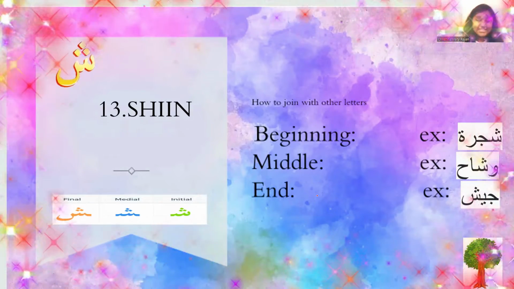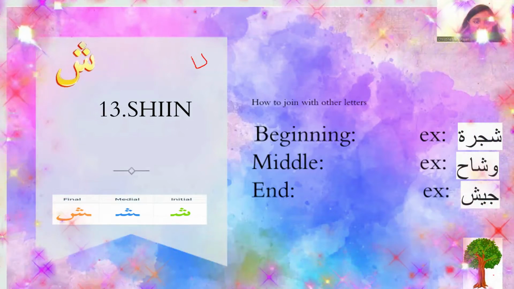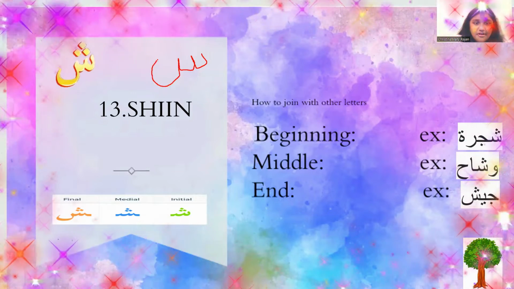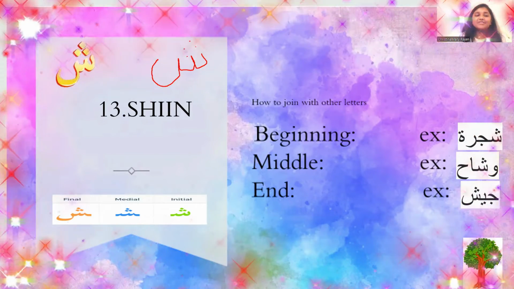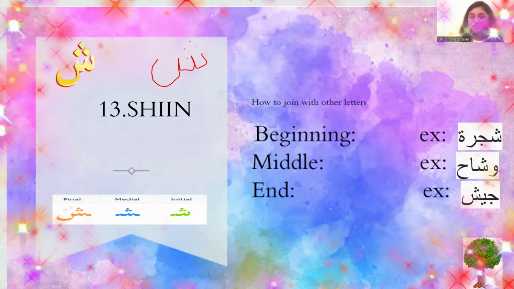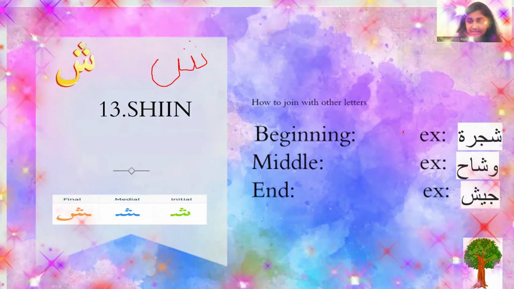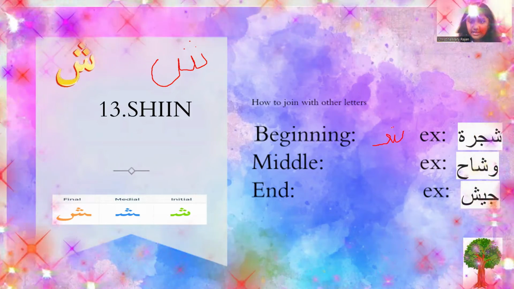Seen's twin, Sheen. So let's learn how to write this. It's the same thing. Go for balloons and then a rocket, right? 1, 2, 3 dots before. Now let's see how to write this in the beginning. The same thing as Seen, Sheen is also written the same way.